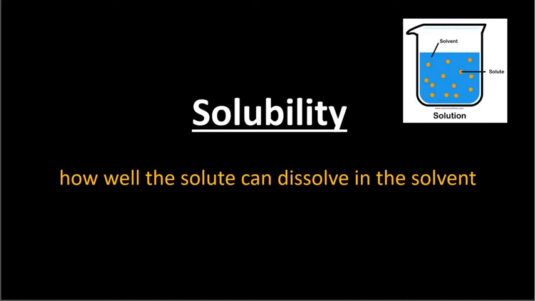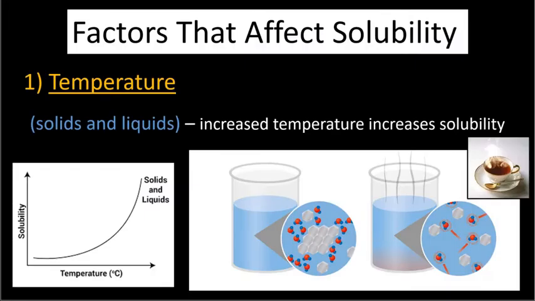Now, today primarily we're going to talk about solubility, and things that affect solubility. What'll speed it up, what'll slow it down, how well can that solute dissolve. And we're going to talk about the differences between solids, liquids, and gases with these solubility things and how well they mix in the solutions.